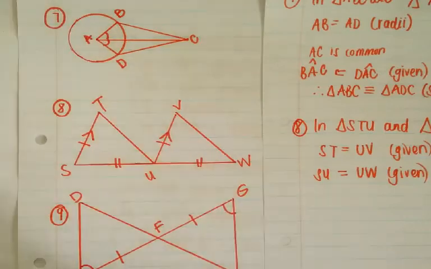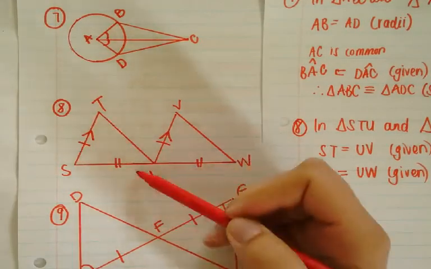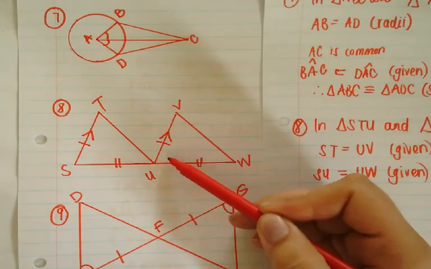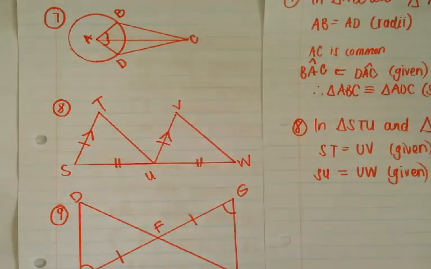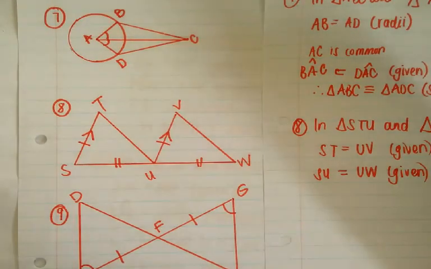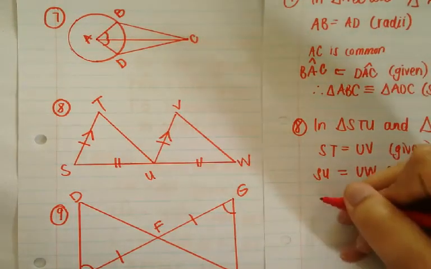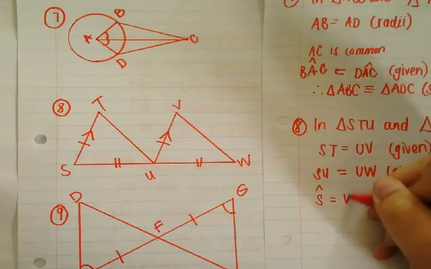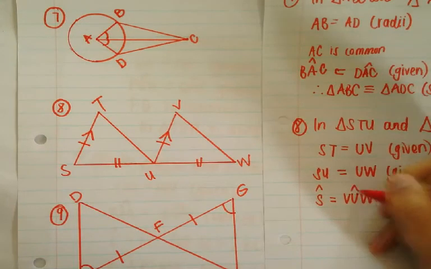So if I look for my included angle between the given 2 sides, it would be S and this right hand side by U. Do I have something that can allow me to prove that they are equal? Yes, Hannah? The parallel lines correspond. Fantastic. So I can use 1 letter for S because there's no confusion, but at U I'm going to have to use 3 letters.